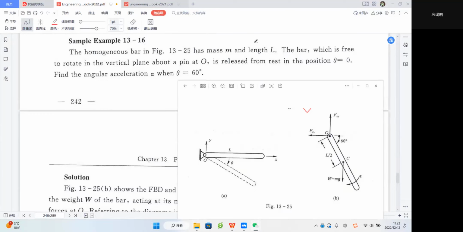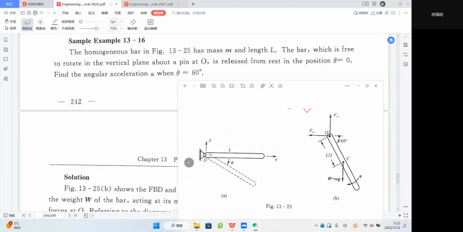The bar is free to rotate in the vertical plane. We have a vertical plane here, and we keep the bar resting on the horizontal line, and then we release it from rest. Our hand holds it, let theta equal 0. Let us find the angular acceleration alpha when theta equals 60 degrees.